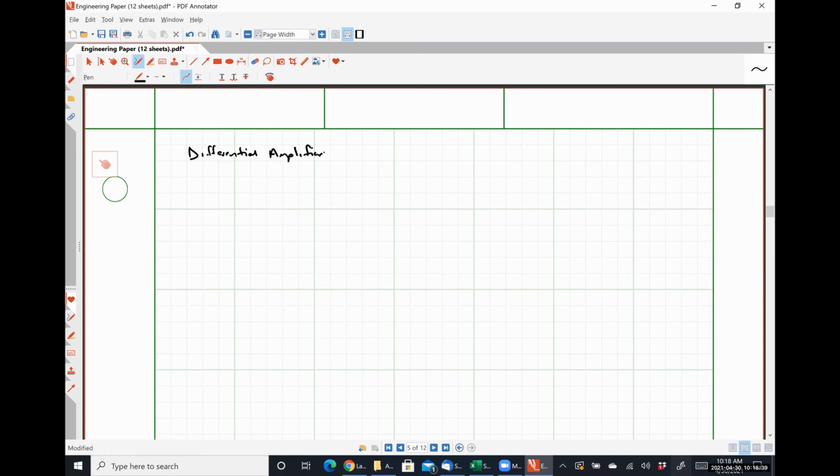A differential amplifier at high frequencies specifically is going to look something like this. Label this as M1.